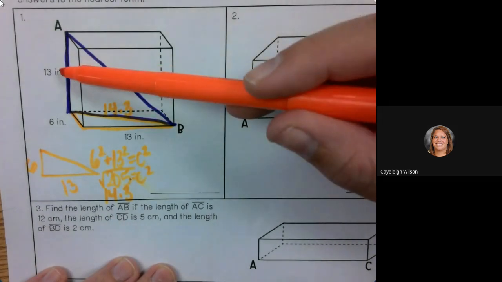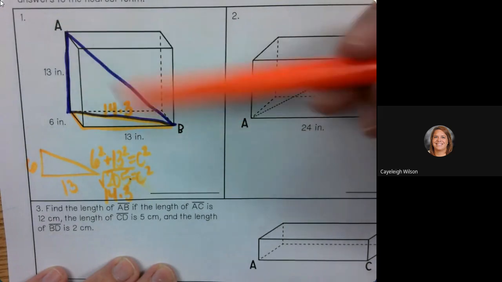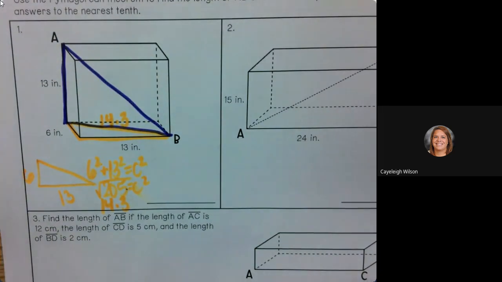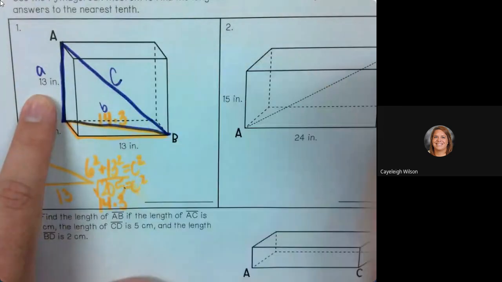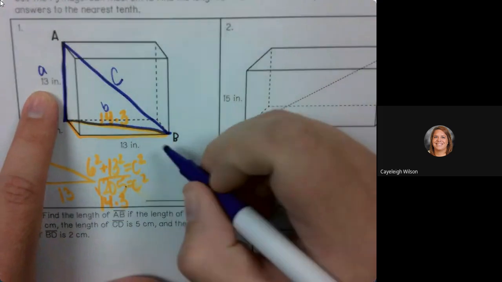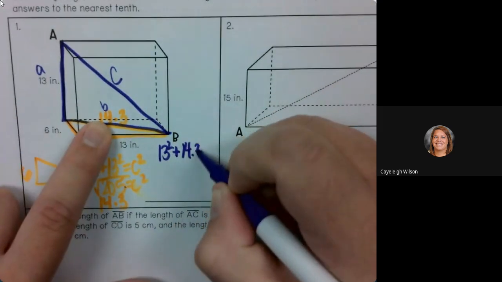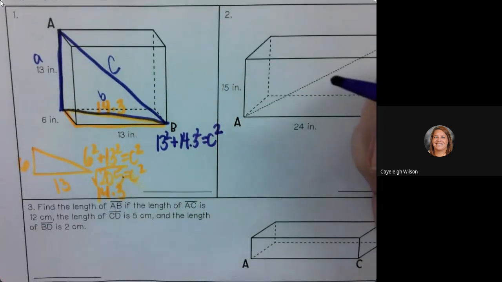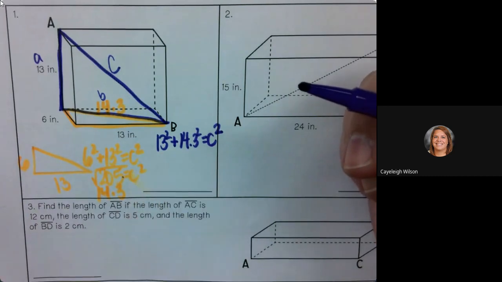I know the height of that triangle there, which now just leaves me with finding the hypotenuse of that triangle, which is the AB they were looking for. I'm going to use these for my legs and find my C. So my 13 squared plus my 14.3 squared should equal my C squared. On my calculator, I'm just going to type in 13 squared plus 14.3 squared.